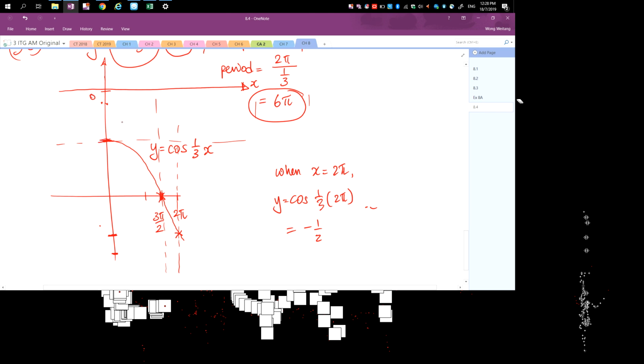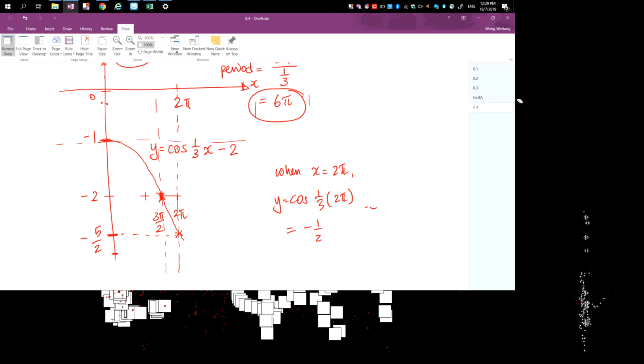This is 0, this will be -1, this is -2, and this initially was -half, it becomes -5/2. This value. So you continue with your x-axis, this is my 2 pi. So that's our final answer, -2.